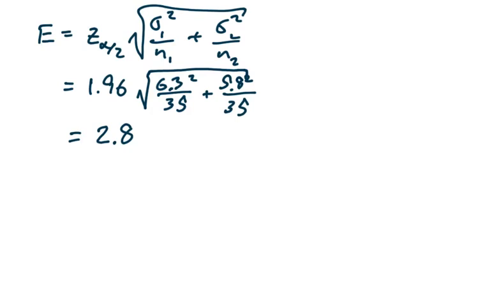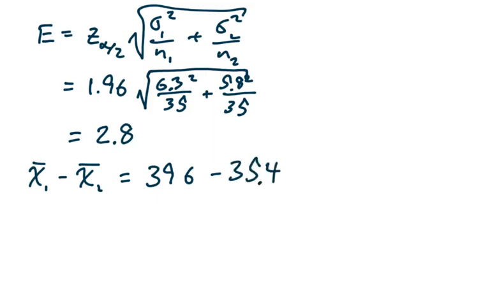All right, so I'll just write down what this is. x1 bar minus x2 bar is 39.6 minus 35.4. There. And so that's how we get 4.2 is the difference in the sample averages.